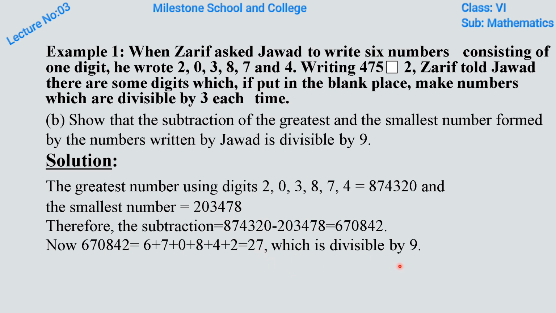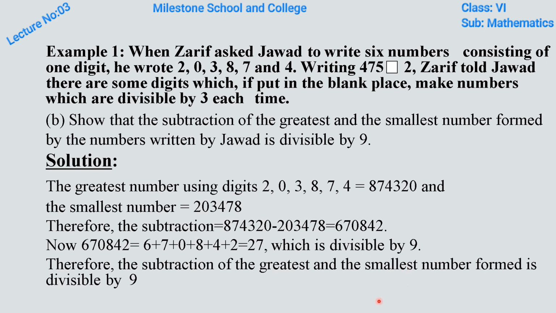So 27 is divisible by 9. That means this number 670842 is also divisible by 9. So therefore the subtraction of the greatest and the smallest number formed is divisible by 9. So this is shown, my dear students.